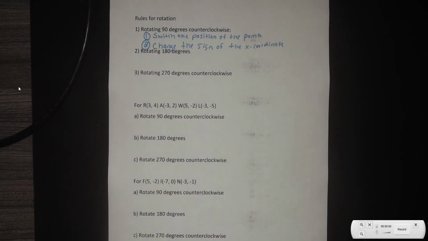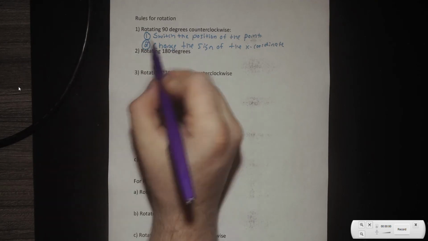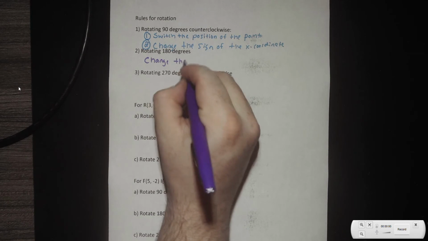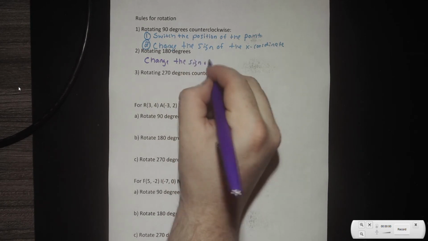For rotating 180 degrees, all we're going to do is change the signs of both.